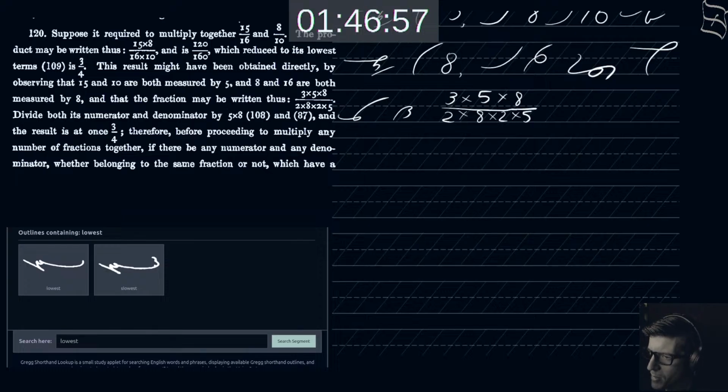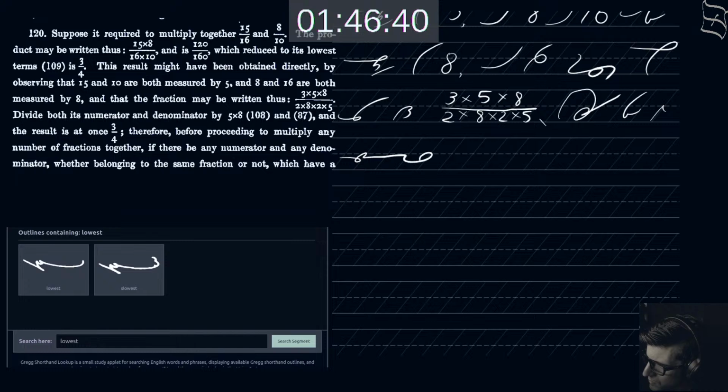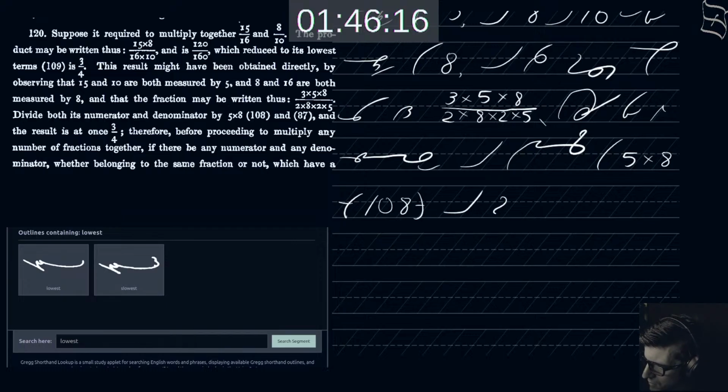Divide both its numerator and denominator by 5 times 8, according to Article 108 and Article 87. And the result is at once 3 over 4.